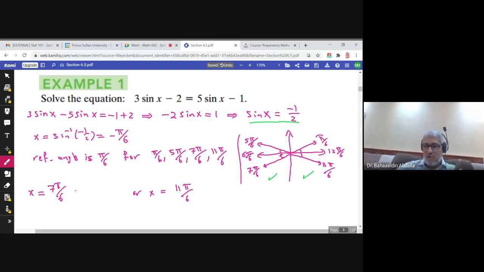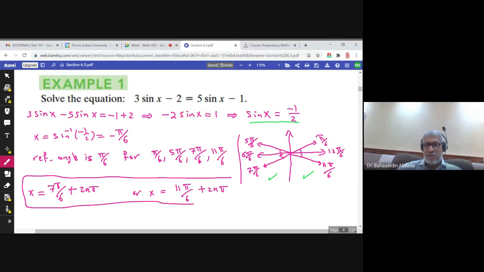To find all solutions, I just add 2n pi, where n is an integer. So this is the solution set. Now check your solution. Sine 7 pi over 6 would be negative half.